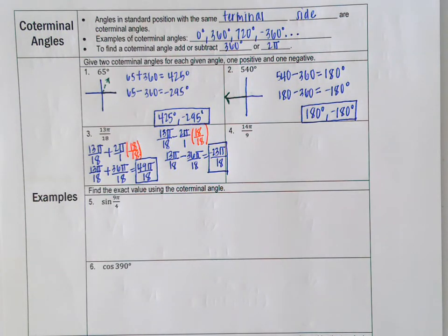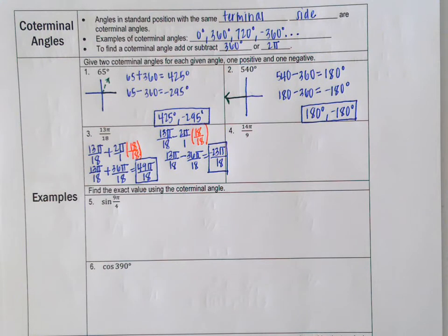Okay, so 14 pi over 9. 14 pi over 9 is actually bigger than 2 pi. No, I take that back. I feel like if I could do a reverse, I would rewind it, but I haven't figured out how to do that with the technology yet.